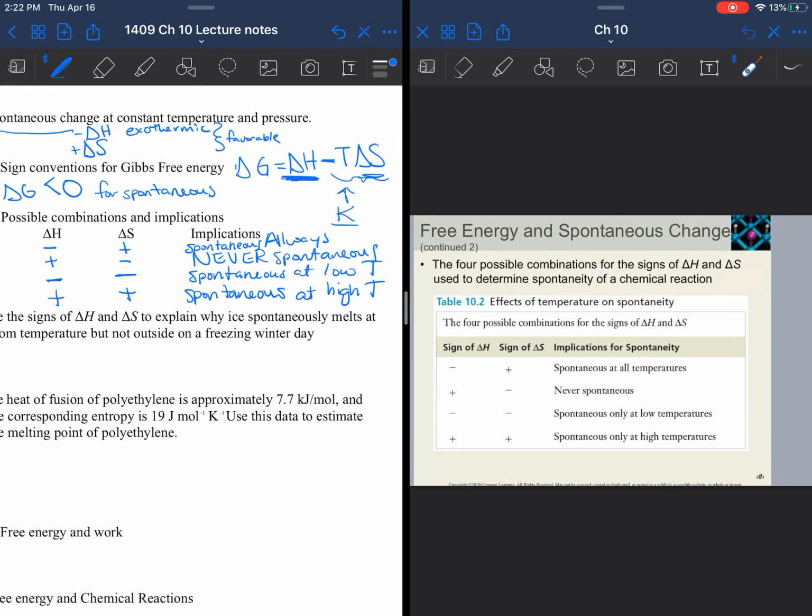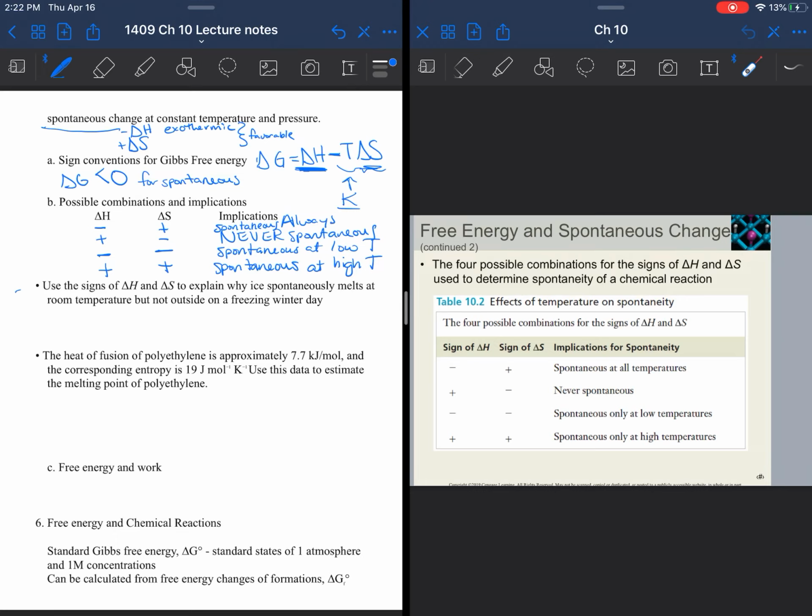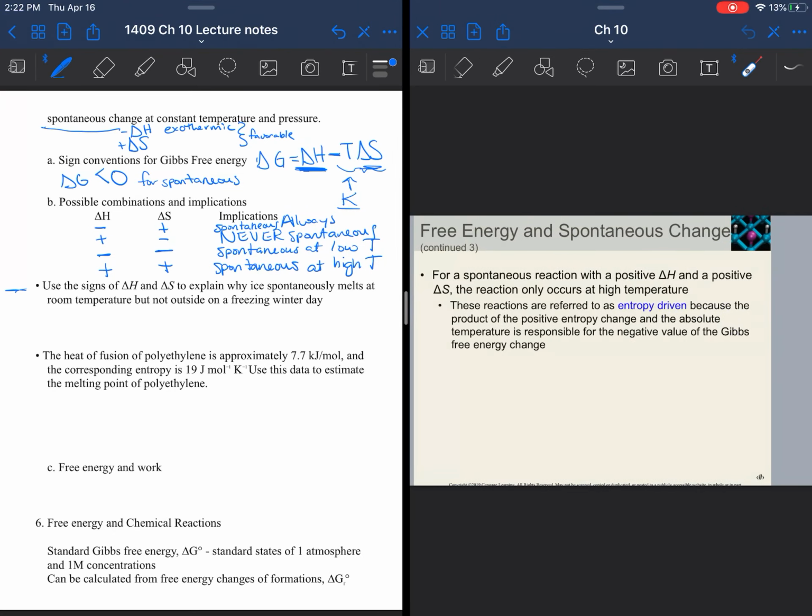We know ice melts, and that's what we're being asked to explain here. Why does ice spontaneously melt in a room temperature environment, but if you go outside when it's freezing, it doesn't melt? It's endothermic either way. To get the ice to go from solid to liquid, we have to input energy to overcome intermolecular forces.